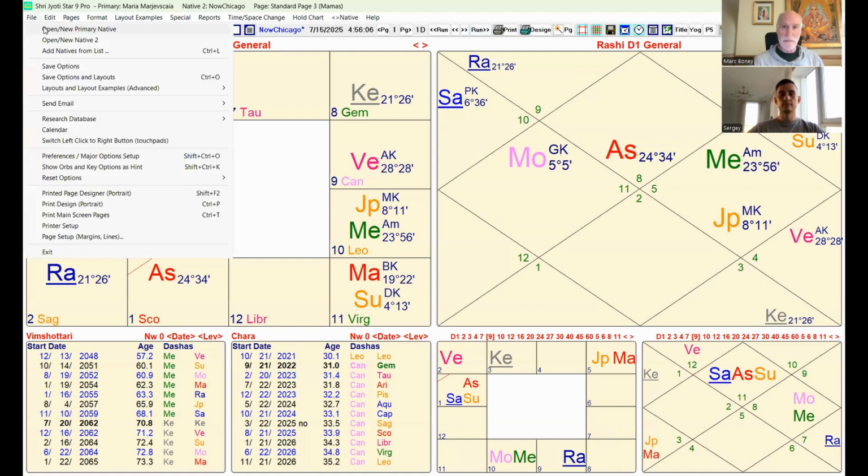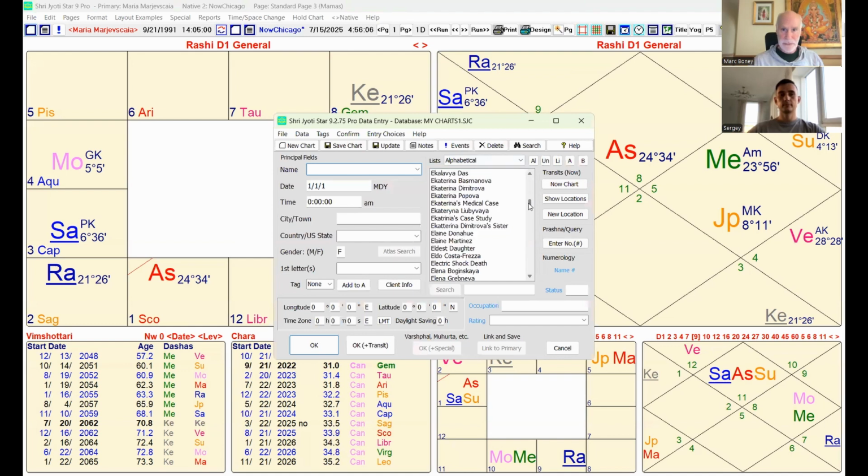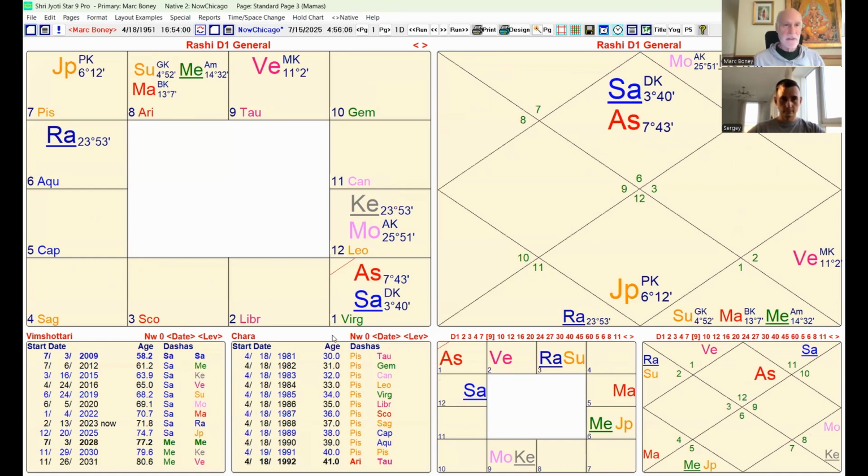I'm going to pull up my own chart again to illustrate this idea further. So going back to the idea, I've been running Gemini. Who's it ruled by? Of course, it's ruled by Mercury, which Karaka is Mercury for me. It's the Atmakaraka. And there's a lot going on with that.